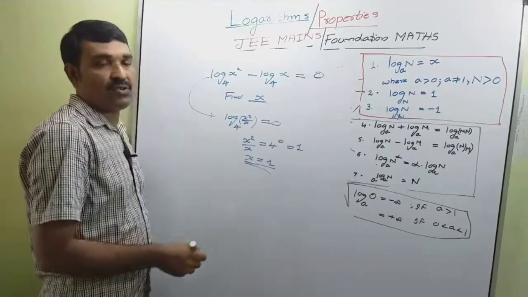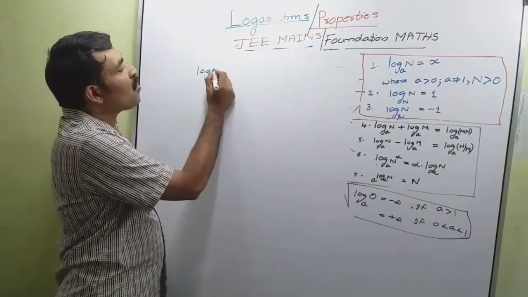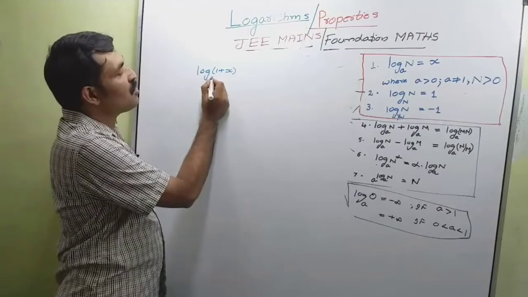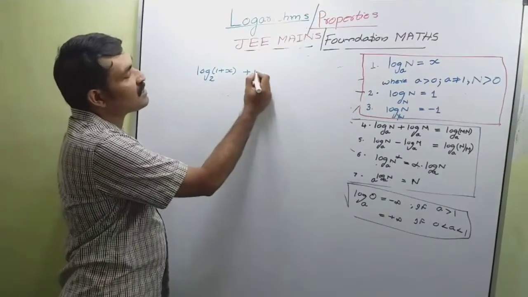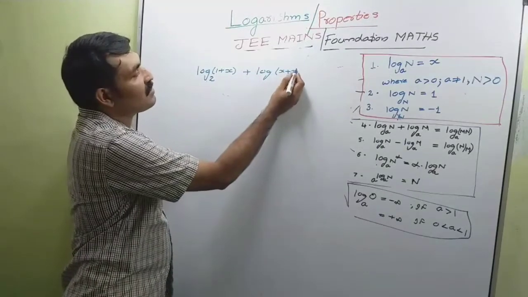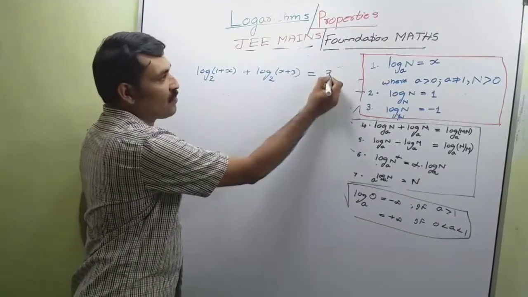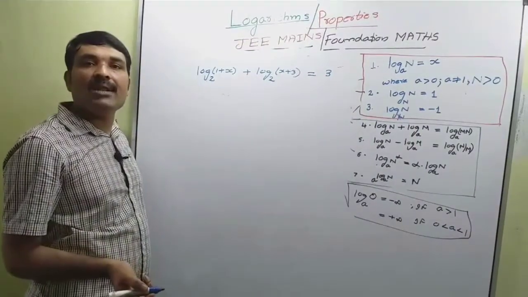This is the answer. Now consider the question log of 1 plus x to the base 2 plus log of x plus 3 to the base 2 is equal to 3. Find the value of x.